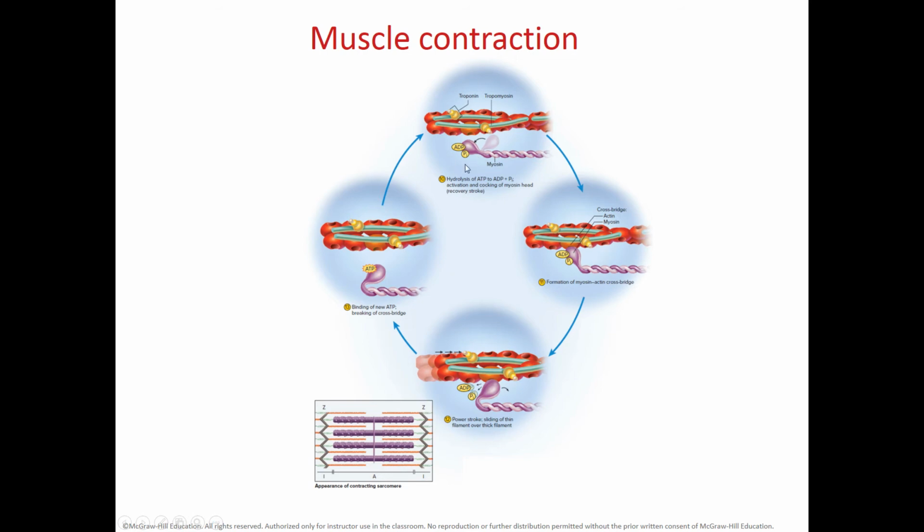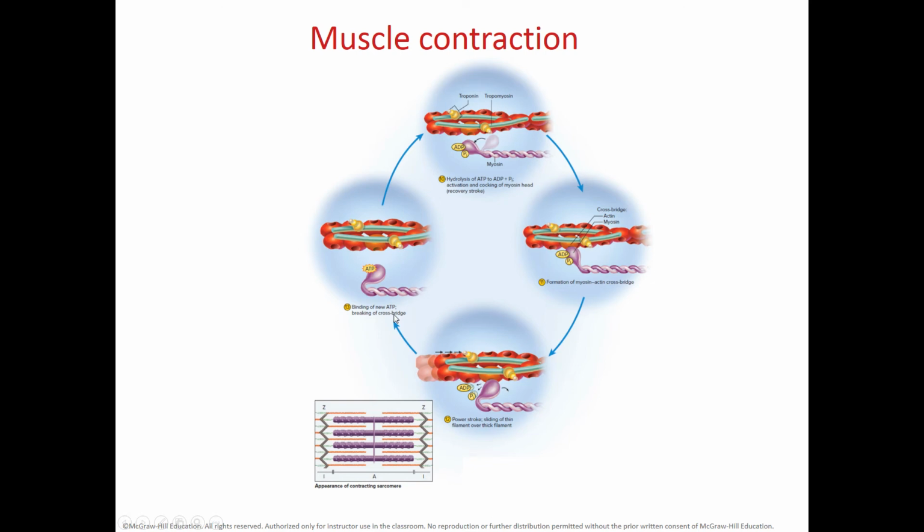This ATP that is bound to the head of myosin is going to be broken down into ADP and inorganic phosphate, and then you will release the head of myosin from actin, and then you have relaxation of the muscle.